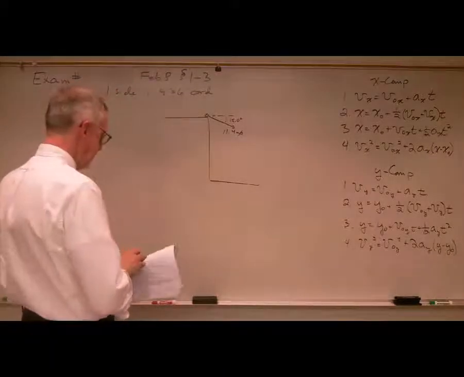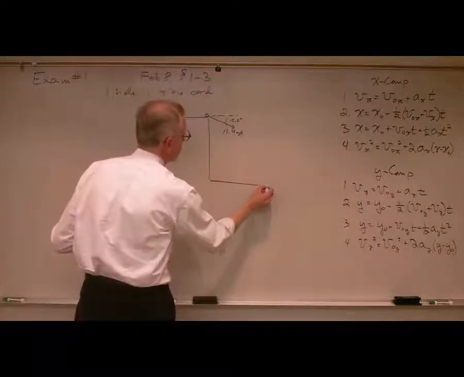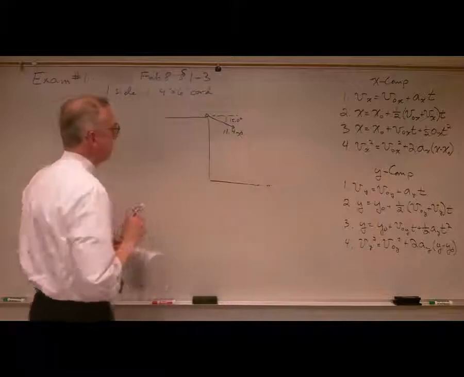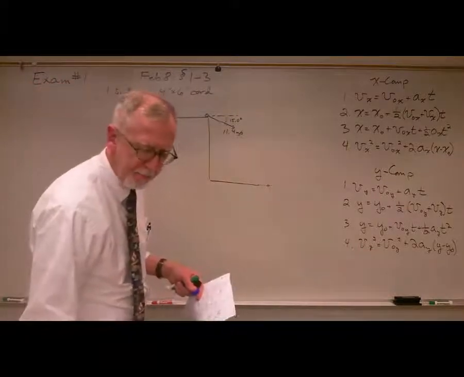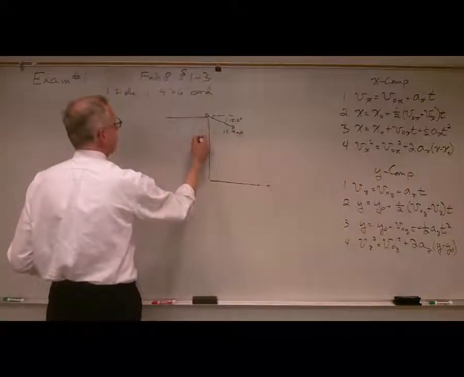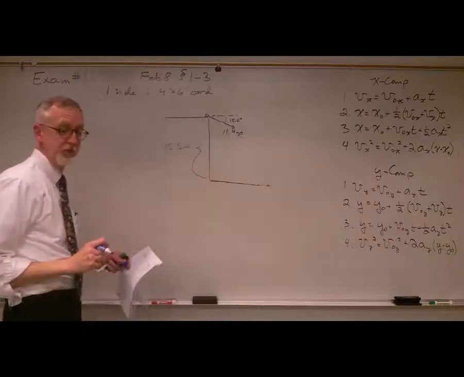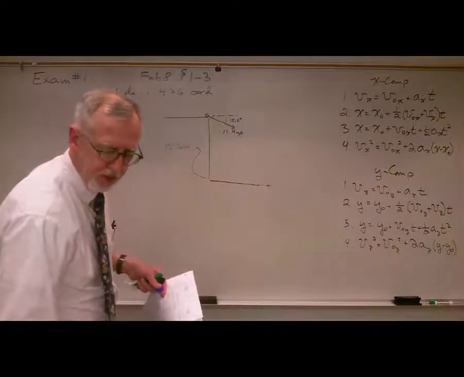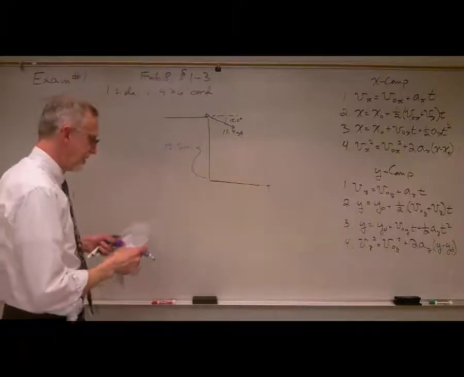Well, it's coming off the cliff, and we expect it to do something like that, hitting the ground over there. We know that it falls a vertical distance of 15.5 meters. So vertically this is 15.5 meters. And then the question is, how much time does the ball spend in the air, and what is the velocity of the ball just before it strikes the water?